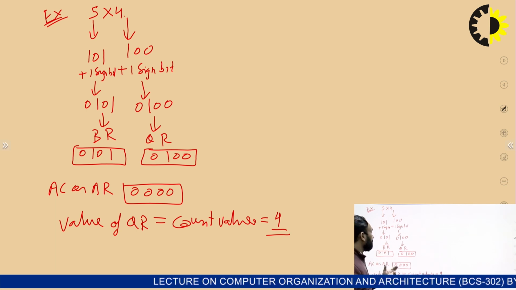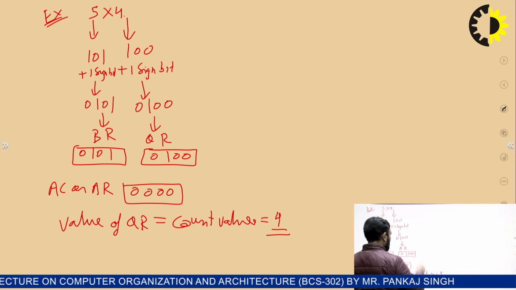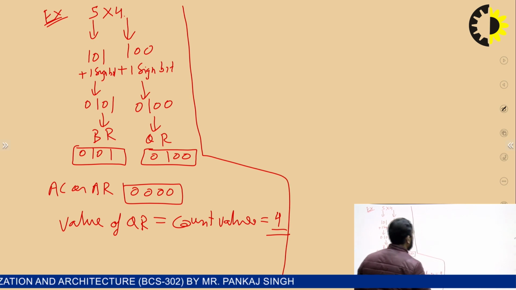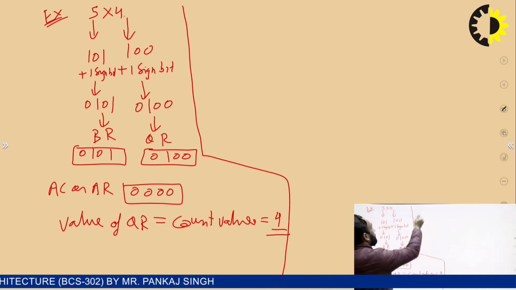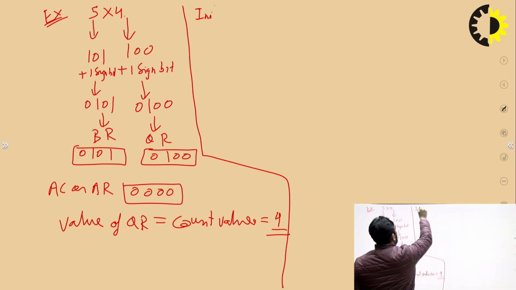And now we will put all this algorithm in a single place like this. Okay, make a table like this. Initial values.